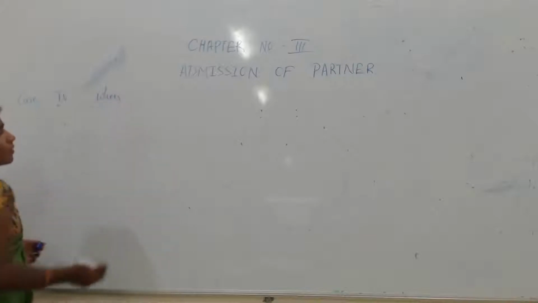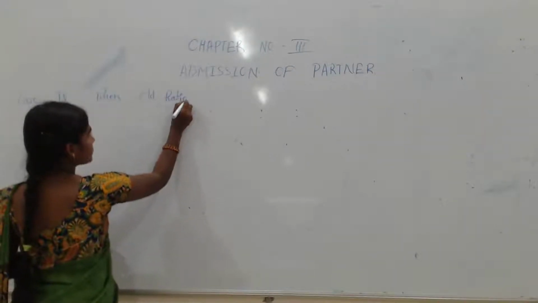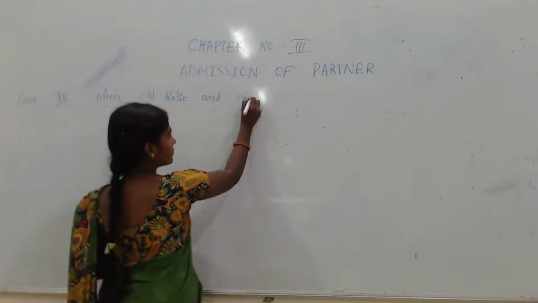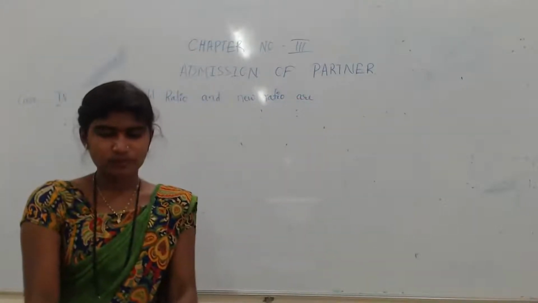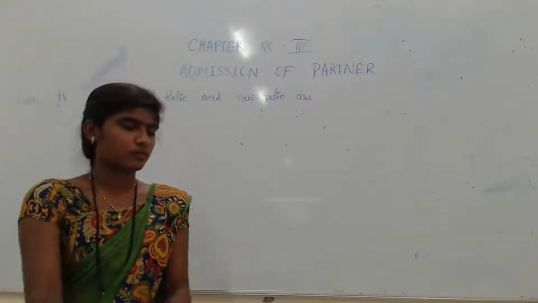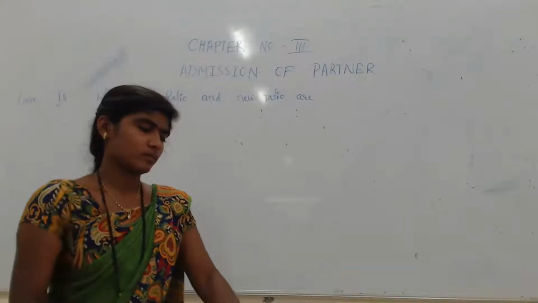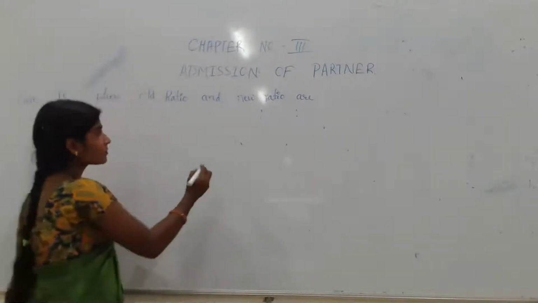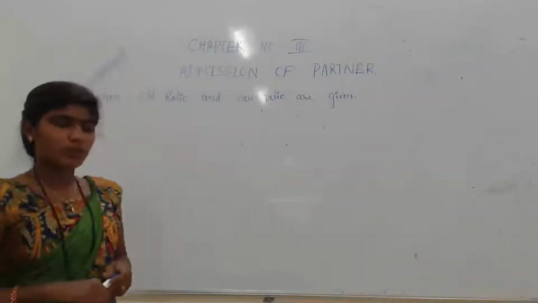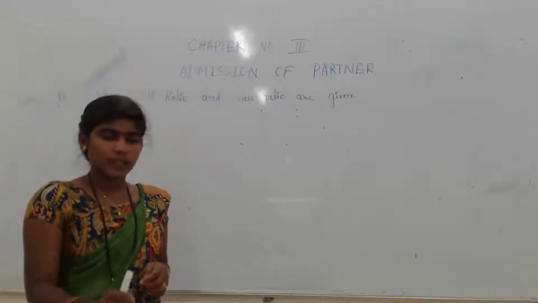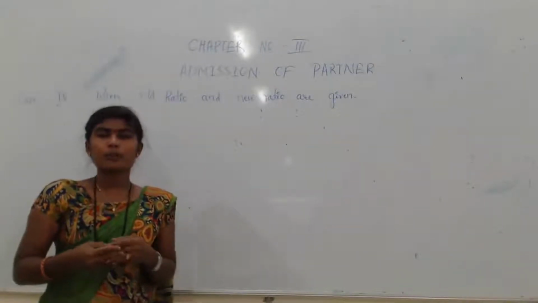When old ratio and the new ratio are given, then the solution in that case, see, in this case, sacrifice ratio is calculated by subtracting the new ratio from the old ratio.